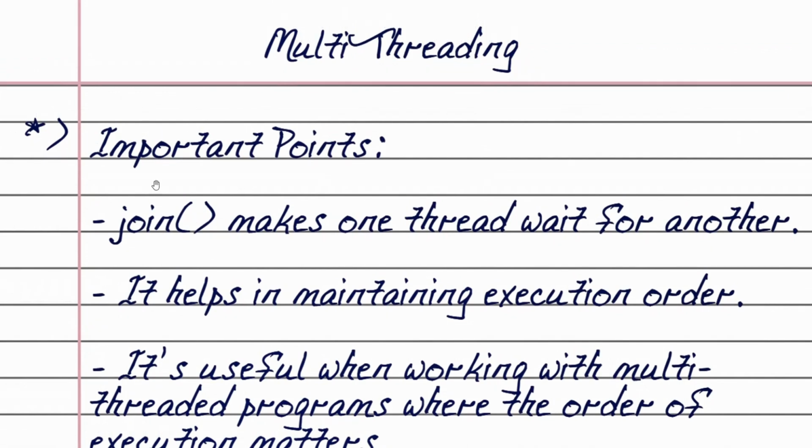Now let's see some important points related to the join method. First, the join method makes one thread wait for another thread. Suppose there are 2 threads. If we use the join method for the first thread, then the first thread will execute its task completely, then the second thread will execute.